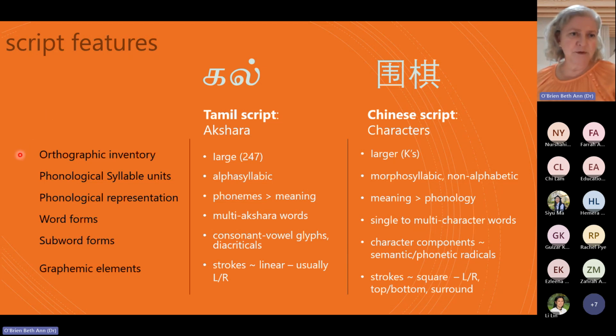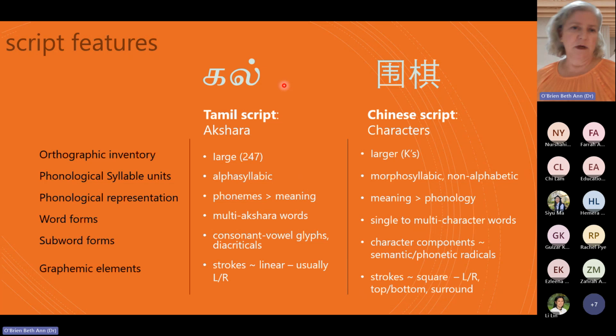And they're different in terms of, firstly, the orthographic inventory, or what Sonala has referred to as orthographic breadth. So Tamil script has 247 glyphs. Chinese has thousands, so they have a much larger inventory. In terms of the phonological units, Tamil, as I mentioned, is considered an alpha syllabic script.